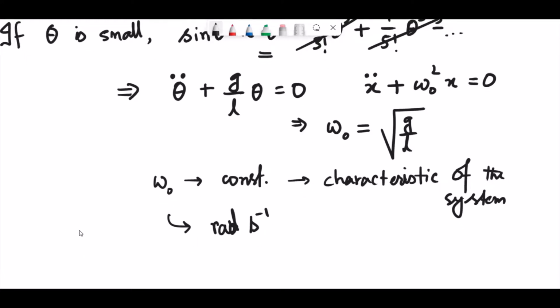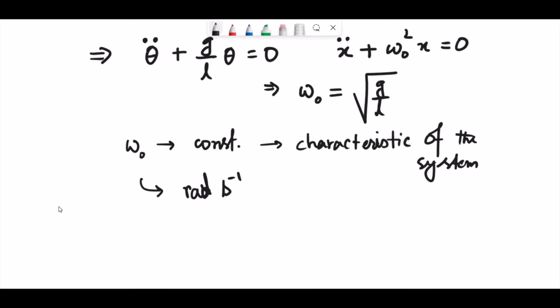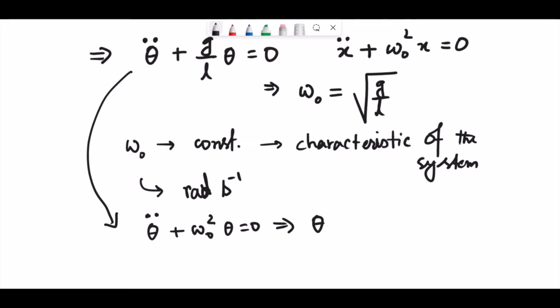So by the analogy, the solution to this differential equation, which is rewritten as theta double dot plus omega naught squared theta equal to 0, is given by theta, which is a function of t now, equal to an amplitude theta naught times sine of omega naught t plus delta.